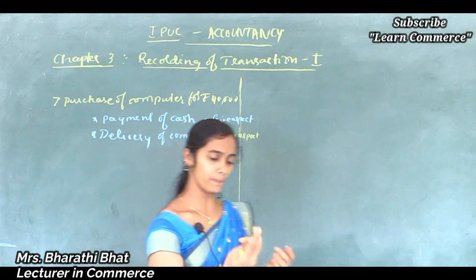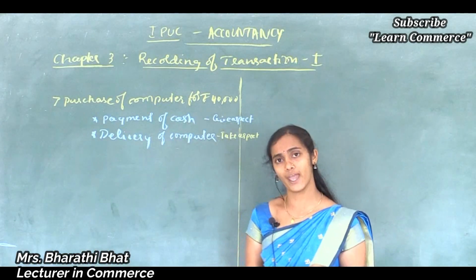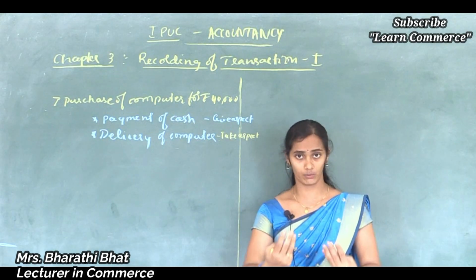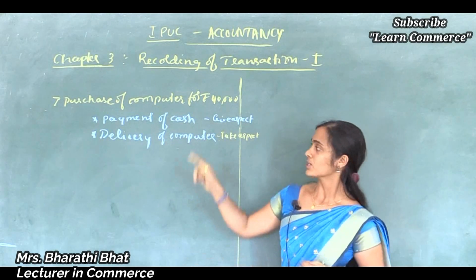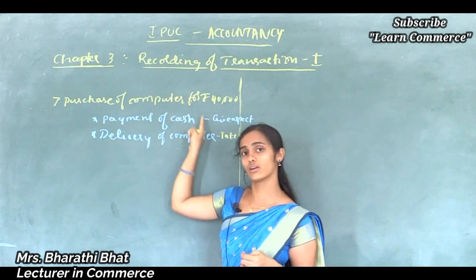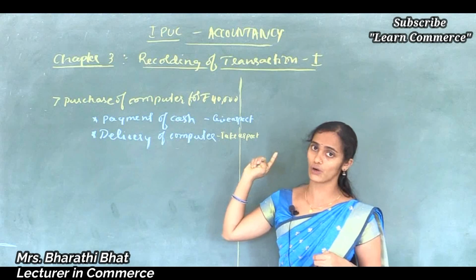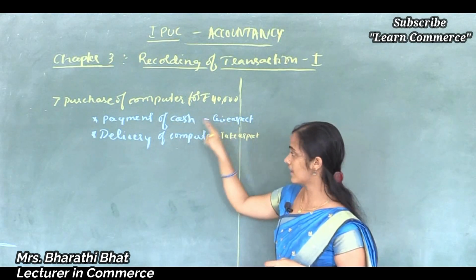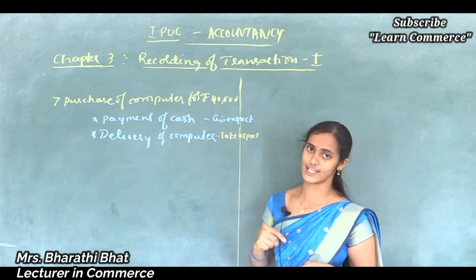To purchase a computer you have to pay cash, so you receive the computer. What is going out from you? Cash goes out from you. So cash is a give aspect, and here the computer is a take aspect.